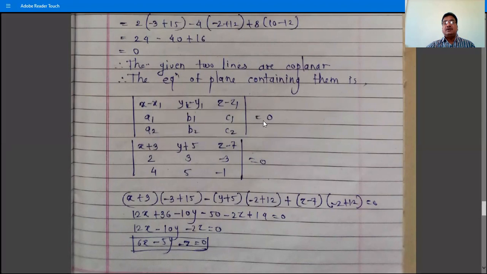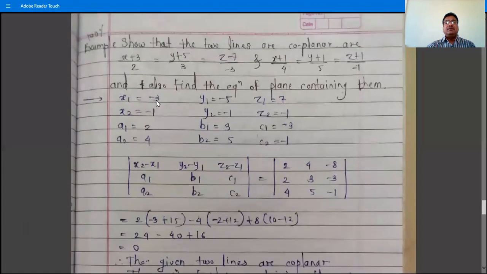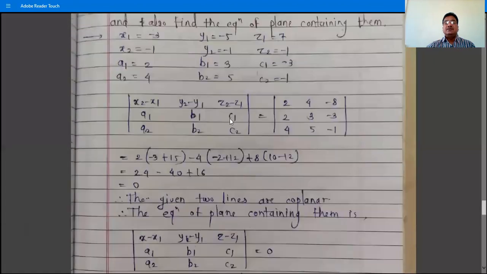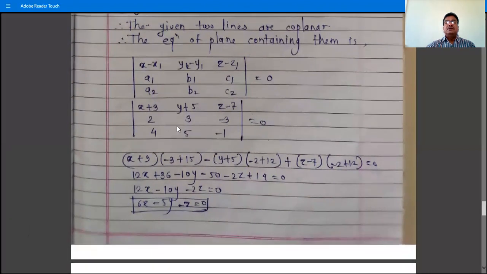Then substitute the values of x1, y1, z1 as minus 3, minus 5, and 7. We have x plus 3, y plus 5, z minus 7, a1, b1, c1 are 2, 3, minus 3, a2, b2, c2 are 4, 5, minus 1, is equal to 0. Simplify this. Find the determinant. x plus 3 in bracket minus 3 plus 15, then minus y plus 5. Because the determinant is what?